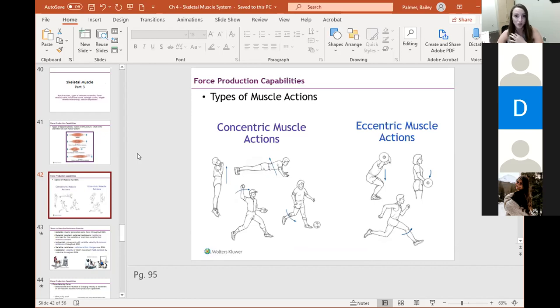I think there may be 2 questions like this on the exam. Let's say I give you a person doing a back squat, and I say they're moving downward, which muscle is performing the eccentric action? You would know that the quadriceps are stretching, they're lengthening, so they're eccentrically acting.